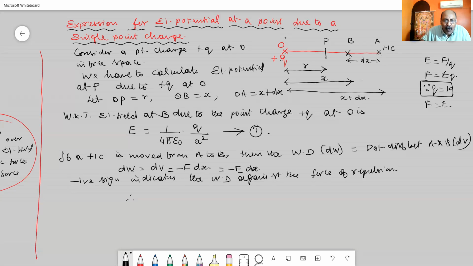So therefore, dW is equal to dV, which is equal to minus of E. The value of E is in equation 1: 1 by 4 pi epsilon 0 into Q divided by x square into dx. I can write this as equation number 2.